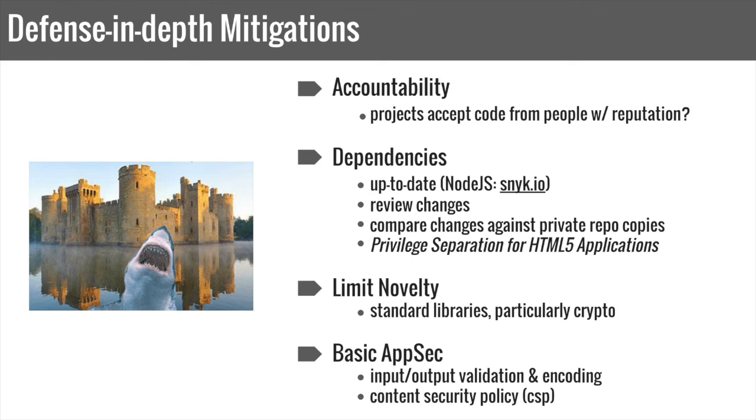And then just basic AppSec stuff, right? Input validation and output encoding, even if there's a problem with your code, some of that may prevent it from getting completely out of hand. And there are some other controls built into the browser that may be useful. Content security policy could potentially be helpful there.